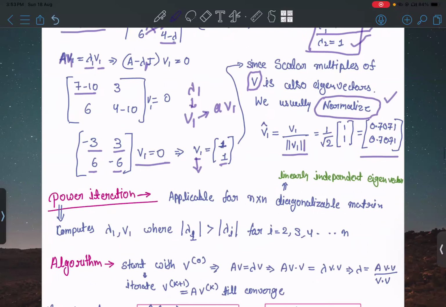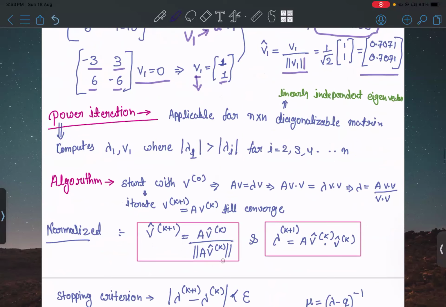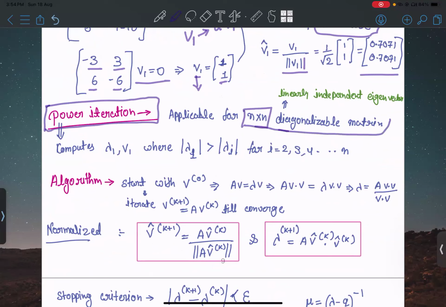So here we will see numerical methods to find eigenvalues and eigenvectors of a square matrix. The first method is the power method, or power iteration method. Suppose we have any n cross n diagonalizable matrix, meaning its eigenvectors are linearly independent.